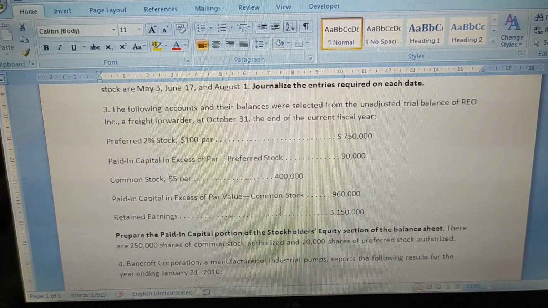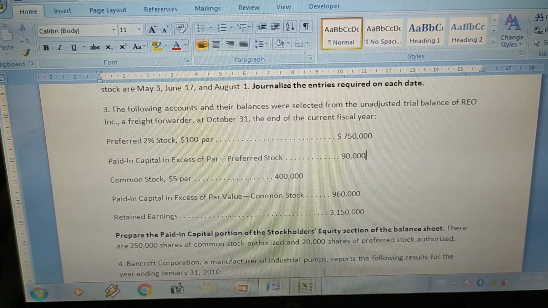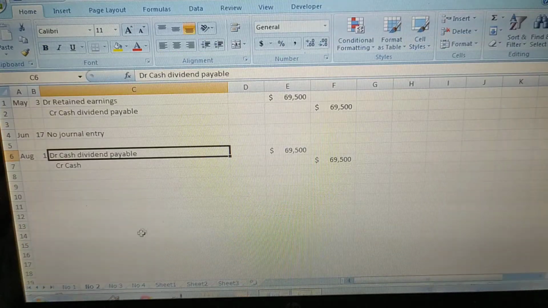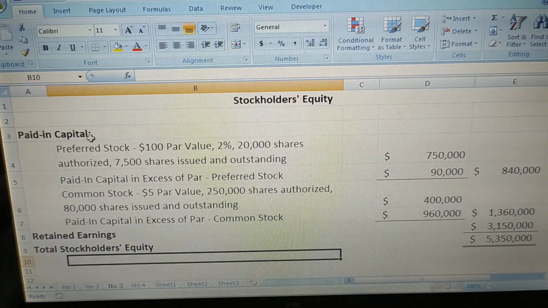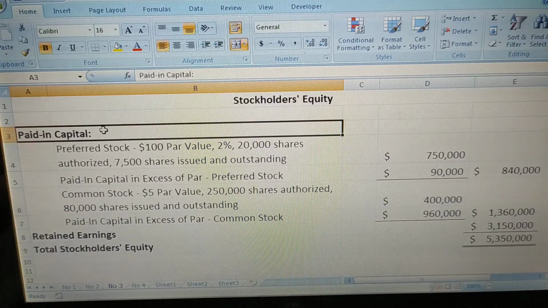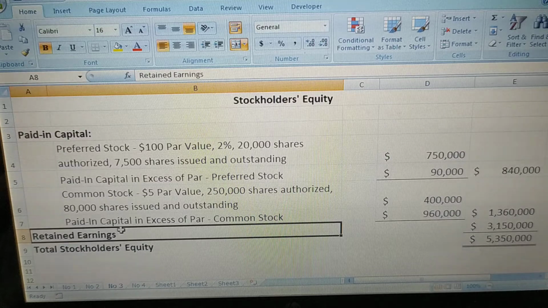For number 3, we are given the data already. So we prepare the paid-in capital portion of the stockholders' equity section of a balance sheet. Remember, there are two parts, which is paid-in capital and retained earnings.